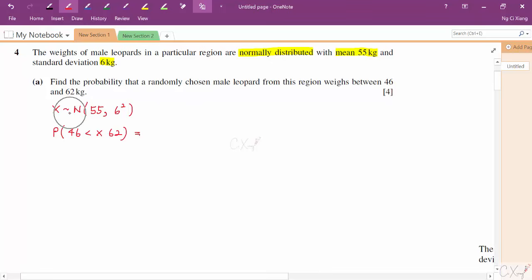This is a normal distribution, therefore to calculate the probability, we need to standardize x to become z. To standardize, we subtract the mean, 55, and divide by the standard deviation, 6, for both values.